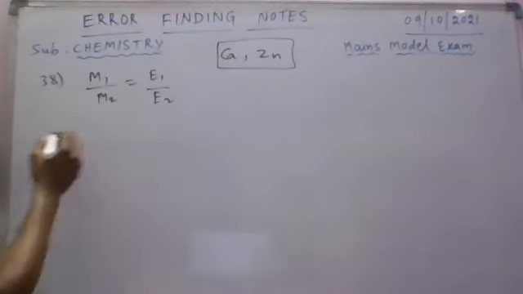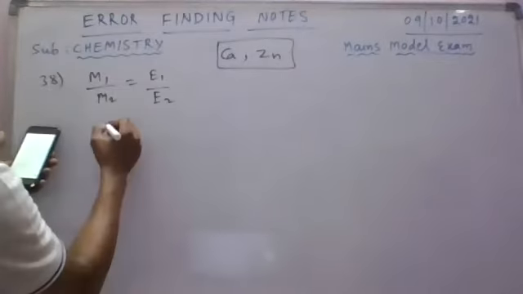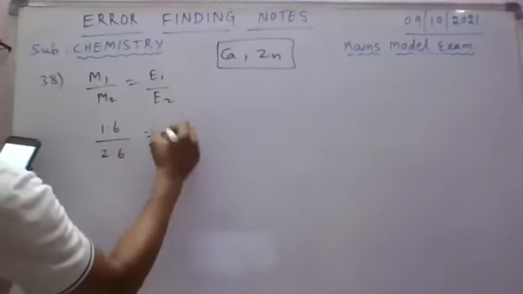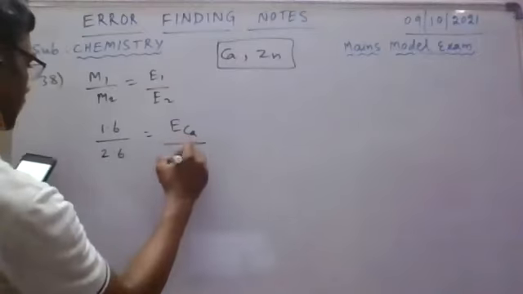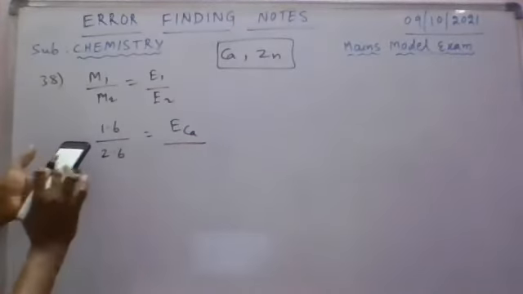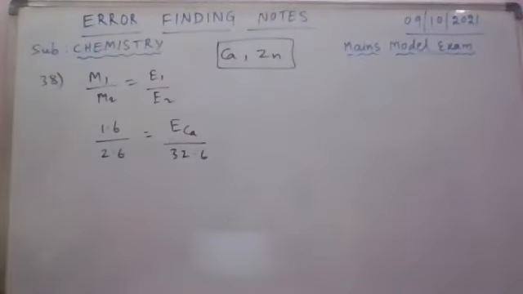So mass of calcium by mass of zinc: mass of calcium is 1.6, mass of zinc 2.6. Equivalent weight of calcium by equivalent weight of zinc. The equivalent weight of zinc is also given in the question as 32.6.